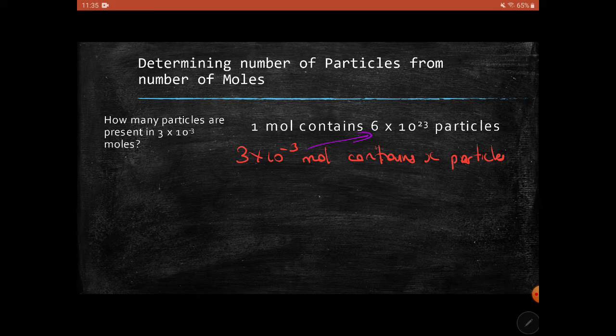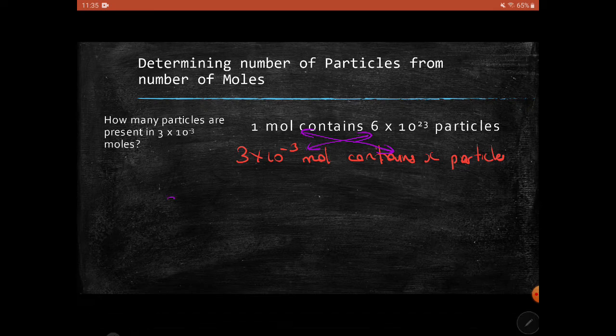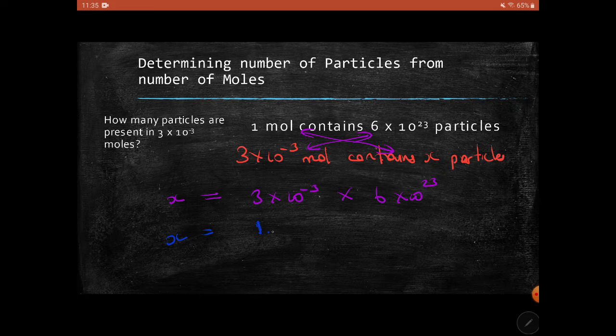Cross multiply, and we would get x is equal to 3 times 10 to the negative 3 times 6 times 10 to the 23. When we put this in our calculator, our final answer is 1.8 times 10 to the 21 particles.